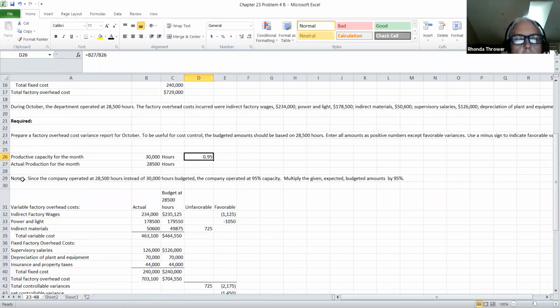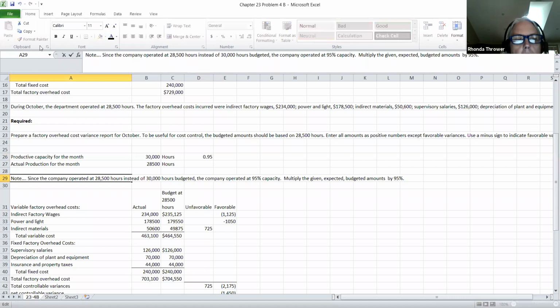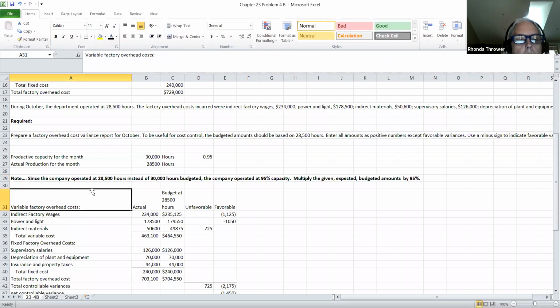Now I put this notation in here, and I'm going to put it in bold. Let's see if I can get that to bold up there. There we go. They don't give you this information, but I wanted you to note how we calculated this 95% and why we did that.